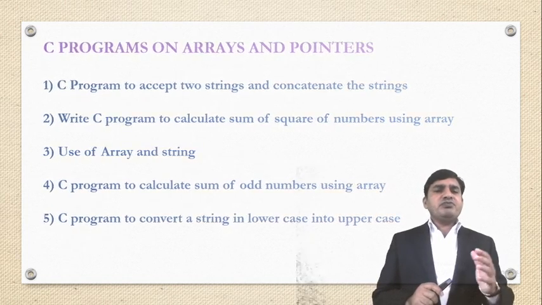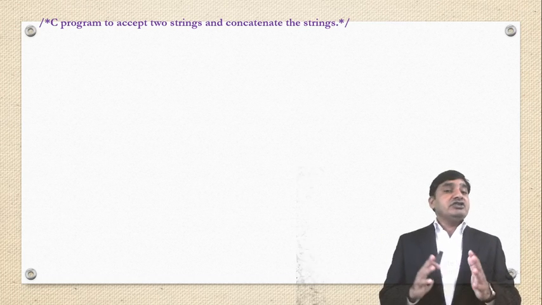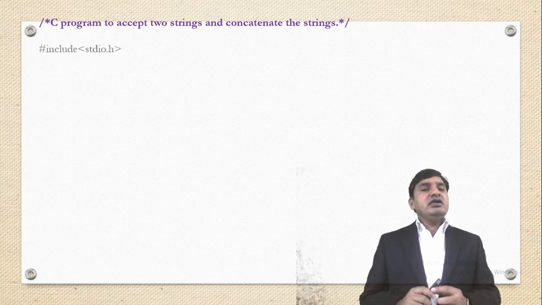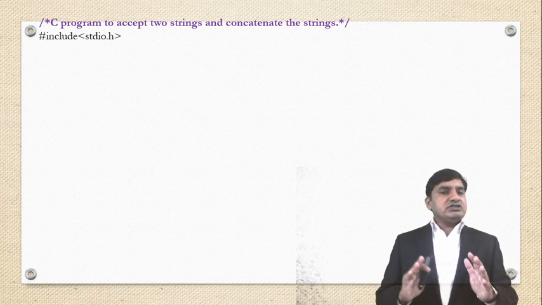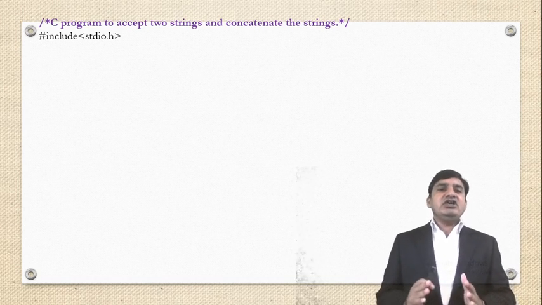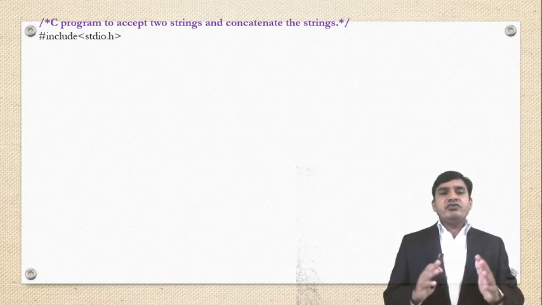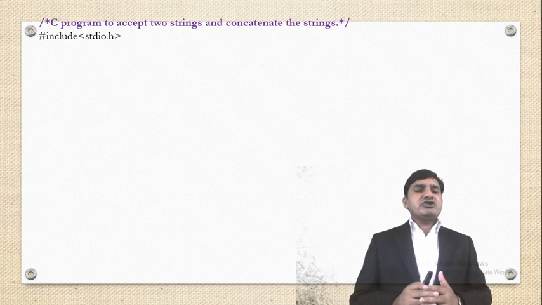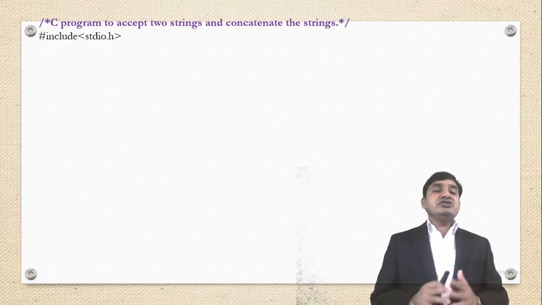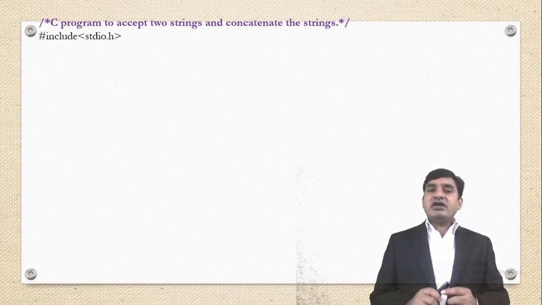First program is a program to accept two strings and concatenate the strings. This is the comment line. Then hash include is a preprocessor directive. STDIO means standard input output function. We use standard input output function, therefore we use stdio.h, which means header file.